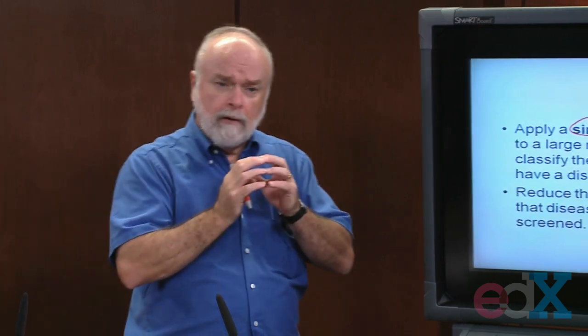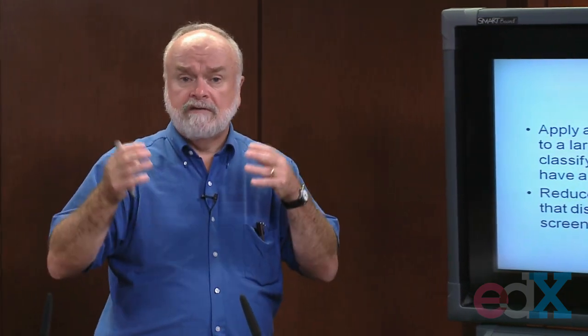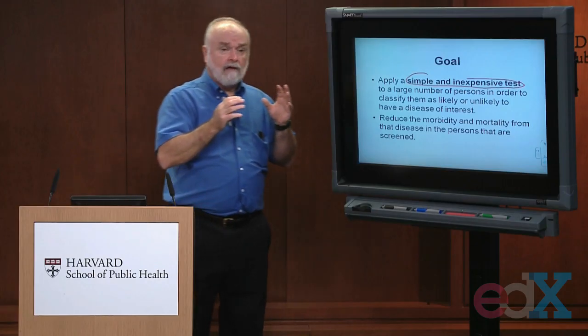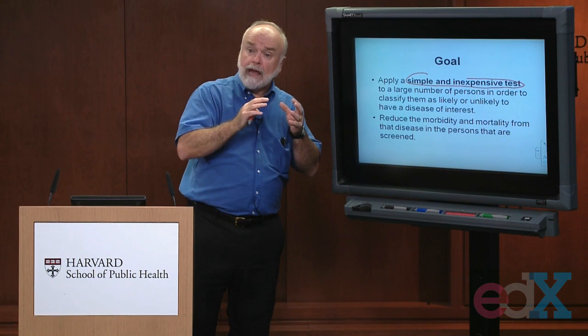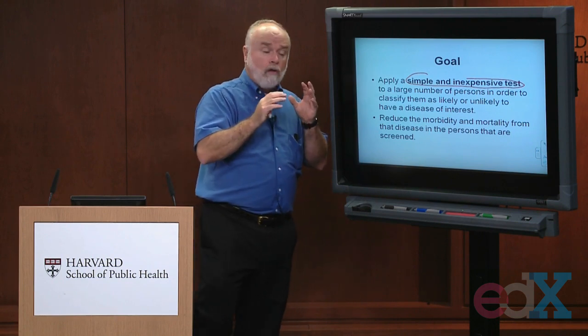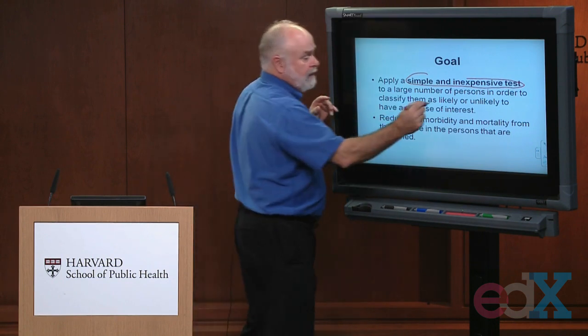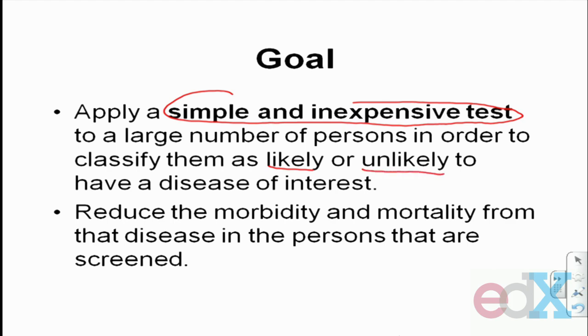So screening, remember, involves taking people who have not received the diagnosis of, say, a cancer, if that's what you're screening for, or heart disease, trying to detect which of those people might have underlying disease, but unbeknownst to them, because no one's diagnosed it yet. So screening involves looking at healthy people, asymptomatic people without disease, with the goal of classifying them as either being likely or unlikely to have the disease.